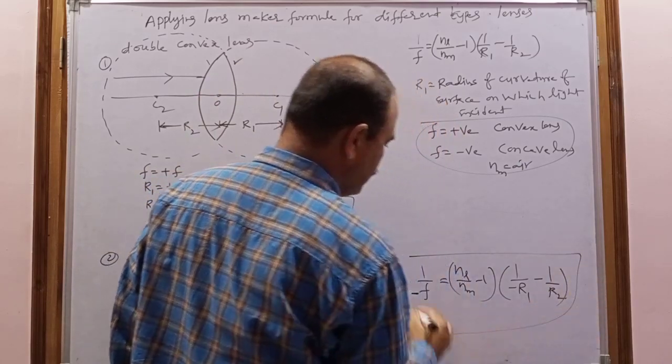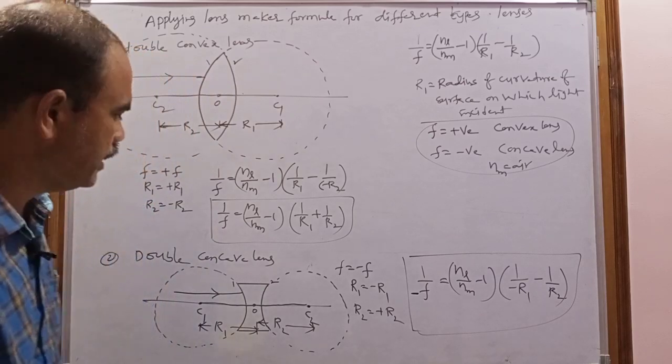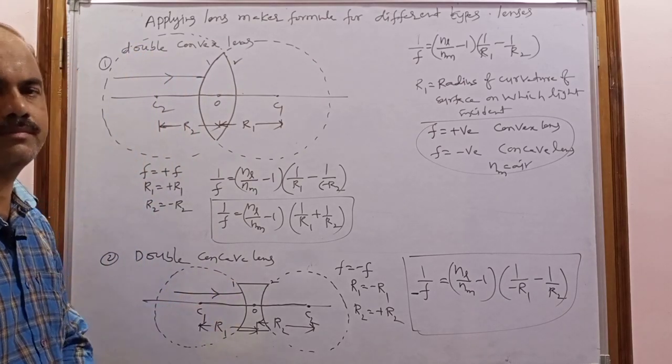This is the lens maker formula applicable for a double concave lens.